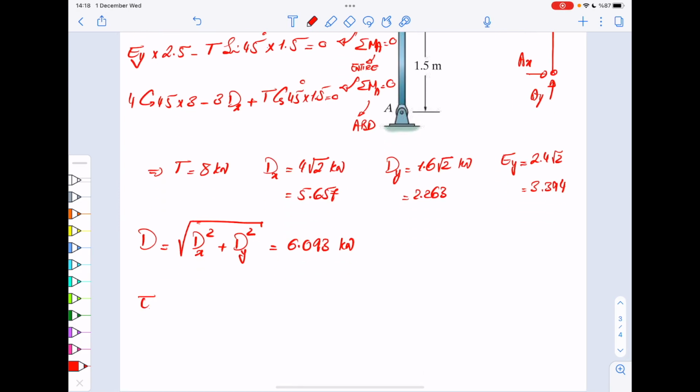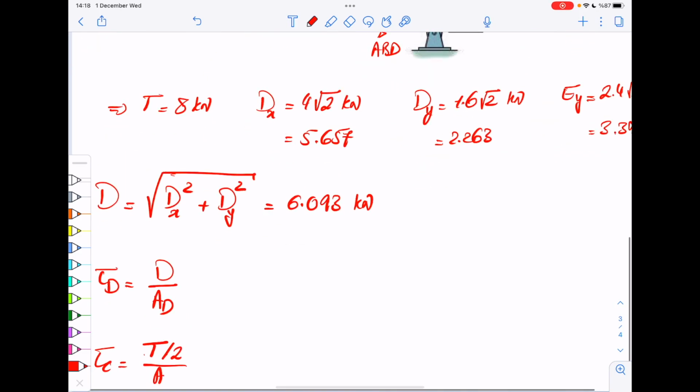Now, shear stress in D is that total shear force divided by area. It's a single shear pin. In pin C, that's a double shear pin. It's therefore half of the shear force divided by area.